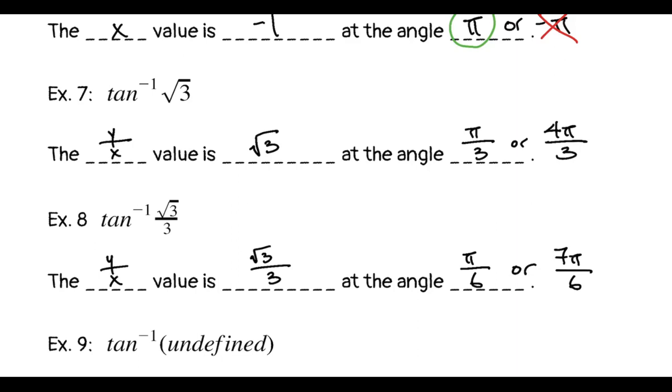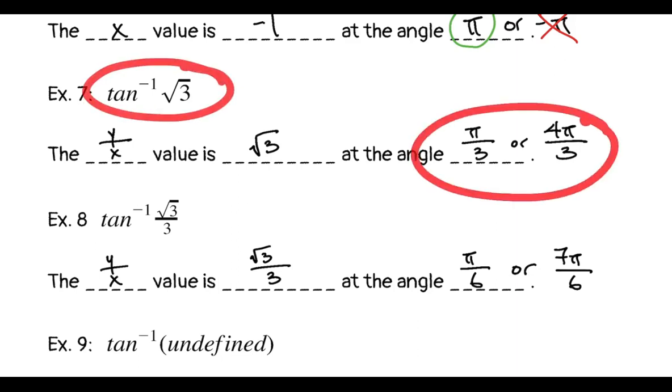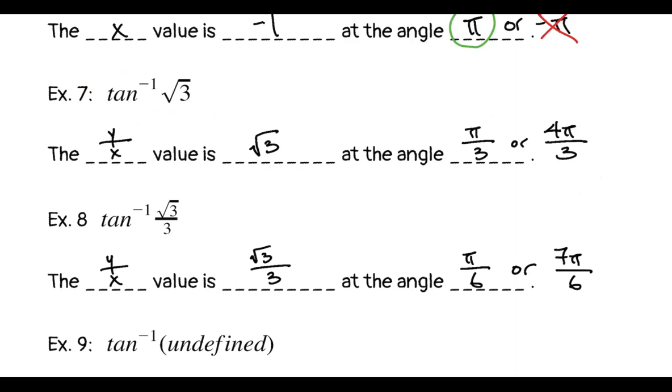All right, let's talk about which ones are in the range. For the inverse tangent of root 3, the one in number 7, which one of these answers can I cancel and say you are not in the range? Yeah, it's going to be the 4 pi over 3 that is not in the range. However, pi over 3 is between 0 and pi over 2.